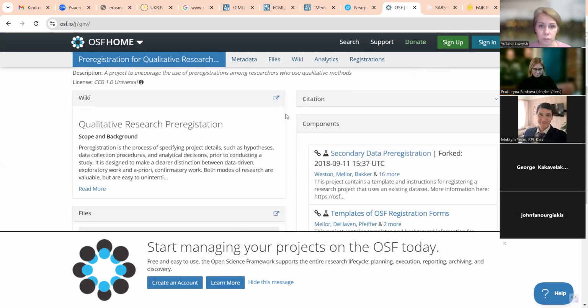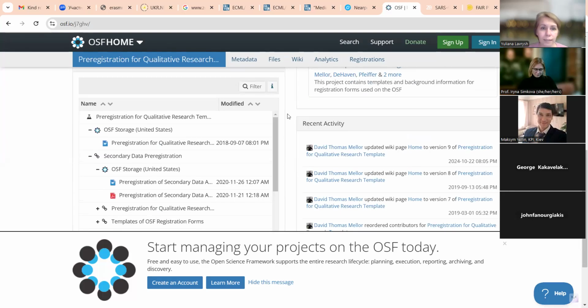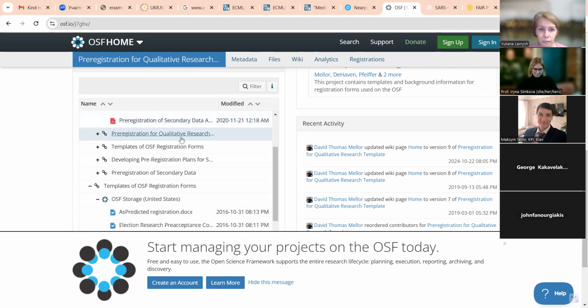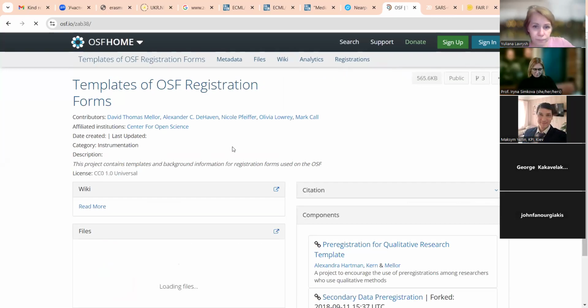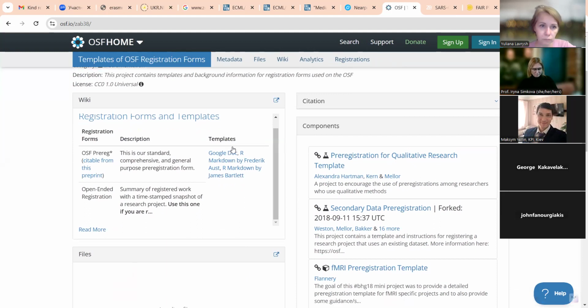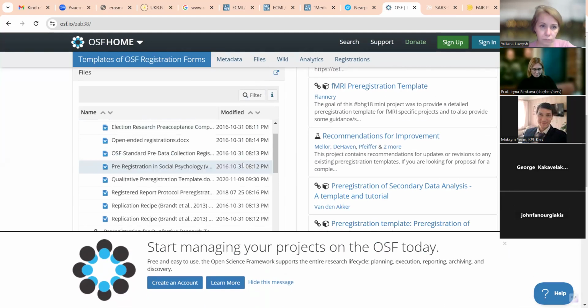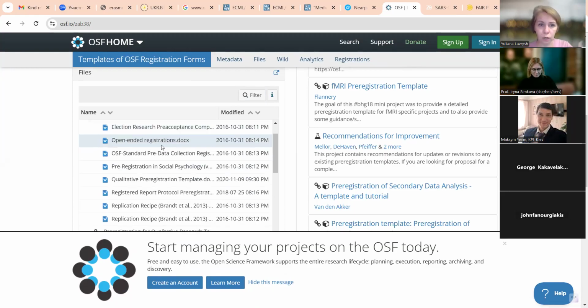You come to this resource, and here you can find these templates: how to do it, what information you should complete, what data you should use. For example, if you open this file, you can see some more information which you should upload.